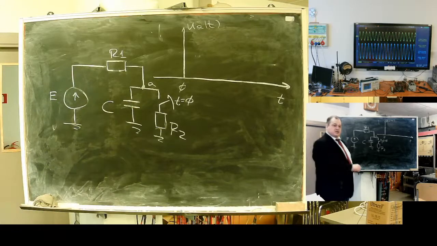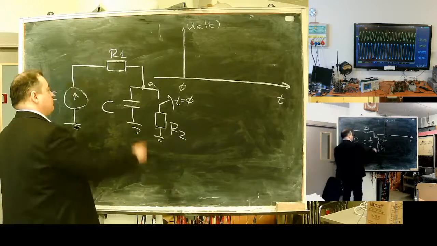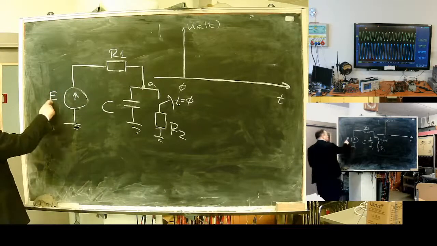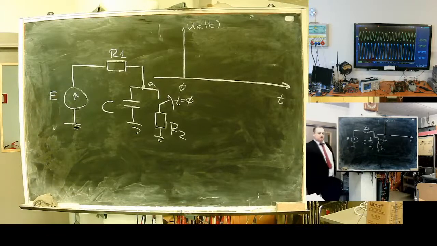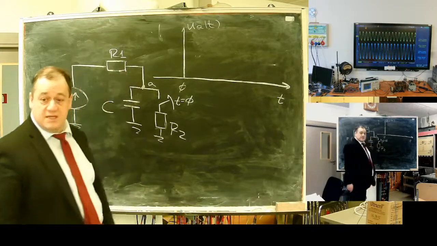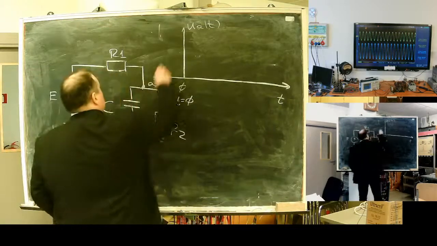We consider its insulation ideal. So it's fully charged and the current to the capacitor is 0. If the current is 0, the voltage at point A equals the source voltage, because the voltage drop on the first resistor is 0.